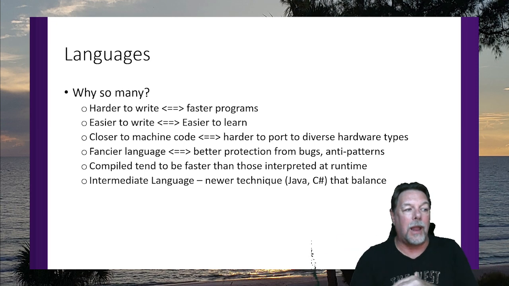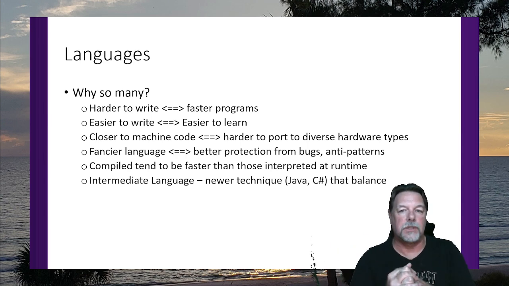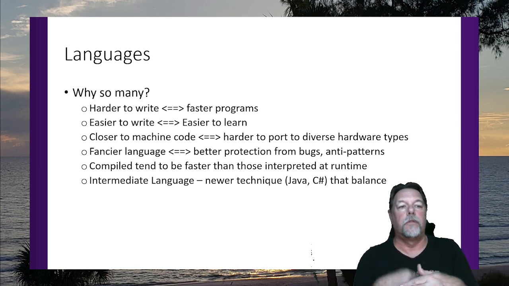And then I like the intermediate languages because they provide that balance. To somebody that's a power programmer, power user of a programming language, you have all the power at your fingertips that you have with a C++ language, but you have a lot of the modern conveniences available for productivity that one of the interpreted languages might offer. So Java and C# strike a really good balance for people.